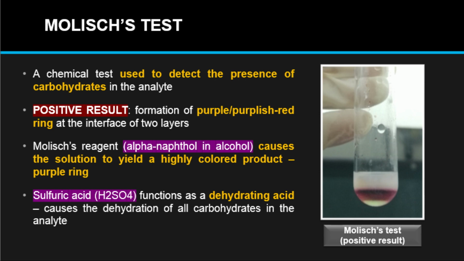An application of this test is that an improved alpha-naphthol test detects the presence of ketosis in normal and diabetic blood, in normal urine, and in normal and pathological spinal fluids.